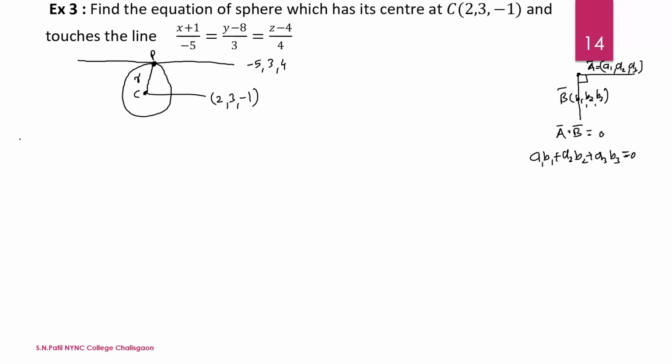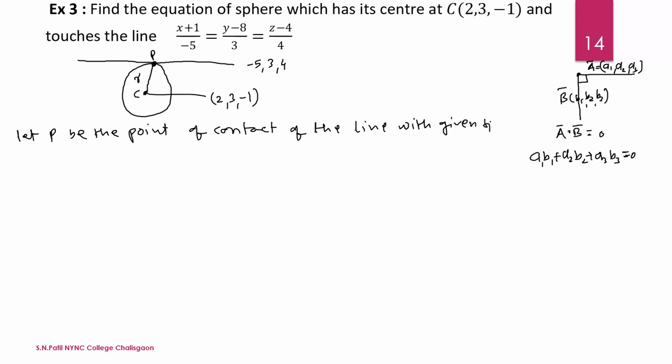Let P be the point of contact of the line with the required sphere.